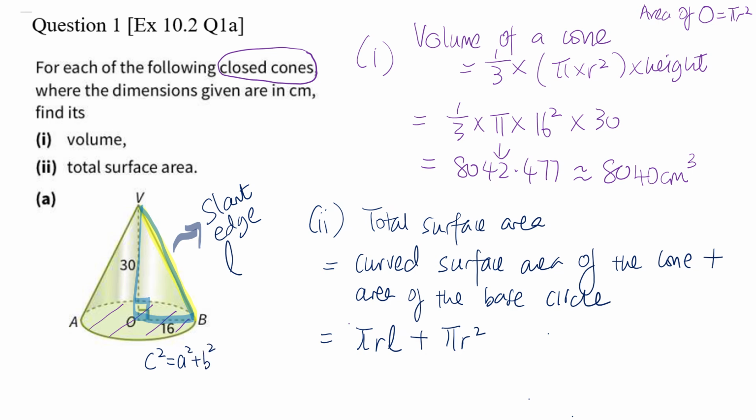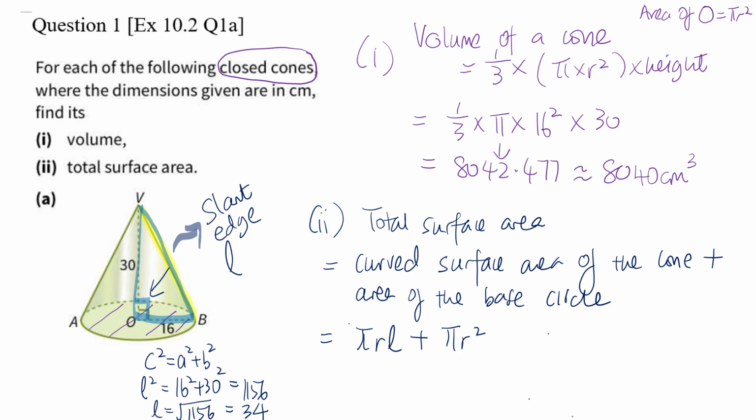So c is the side that's opposite your right angle, the longer side. So it's L squared equals 16 squared plus 30 squared. 16 squared plus 30 squared will give you 1156. So L will be the square root of 1156. It gives you exactly 34.